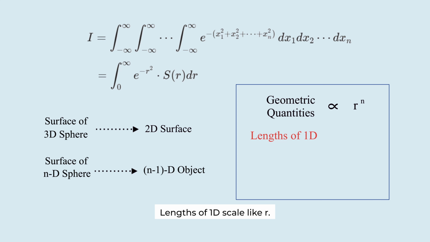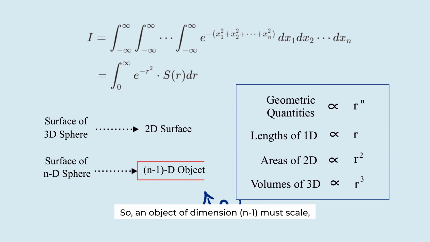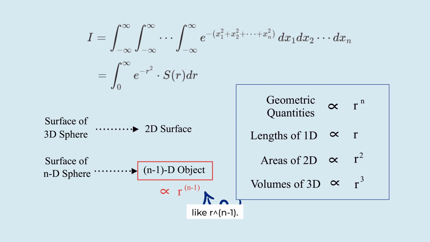Lengths of 1D scale like r. Areas of 2D scale like r squared. Volumes of 3D scale like r cubed. So, an object of dimension n-1 must scale like r to the power of n-1. That's why the surface area of an n-dimensional sphere is proportional to r to the power of n-1.